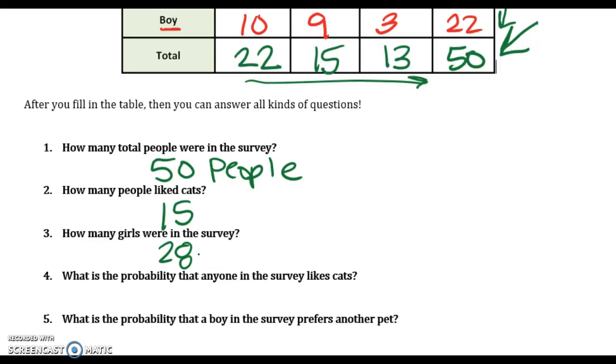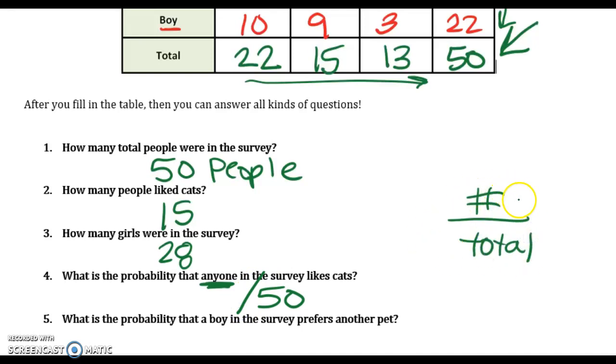What is the probability that anyone in the survey likes cats? So, keyword anyone. So you're looking at your total number of people, which is 50. Remember, probability is like your number over your total. So the number of times it occurs over the total number of things. So in this case, we have 50 people.